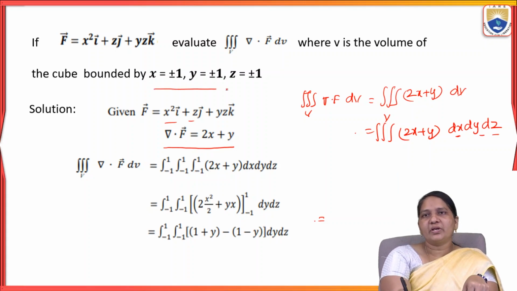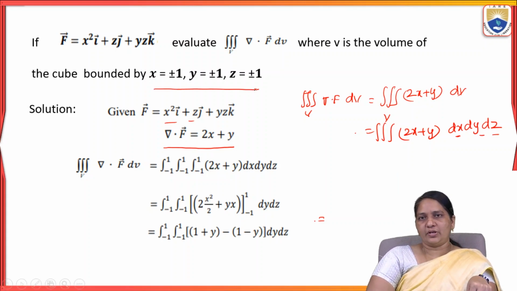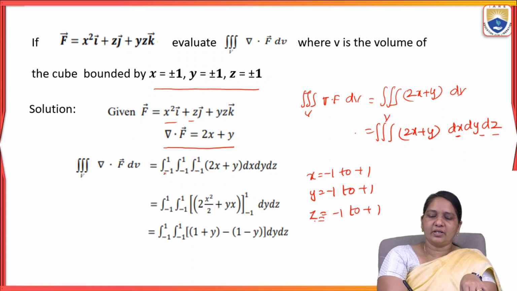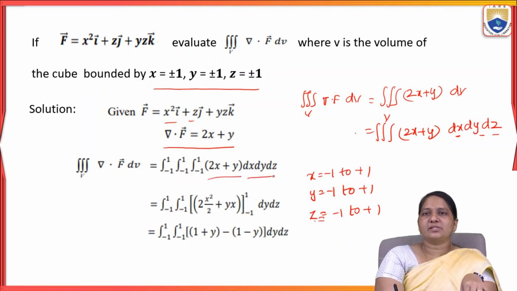In the problem they give the x, y and z values, so based on that, x limits are minus 1 to plus 1, y limits also minus 1 to plus 1, and z limits also minus 1 to plus 1. So we are writing here integral minus 1 to 1, minus 1 to 1, minus 1 to 1, (2x plus y) dx dy dz.